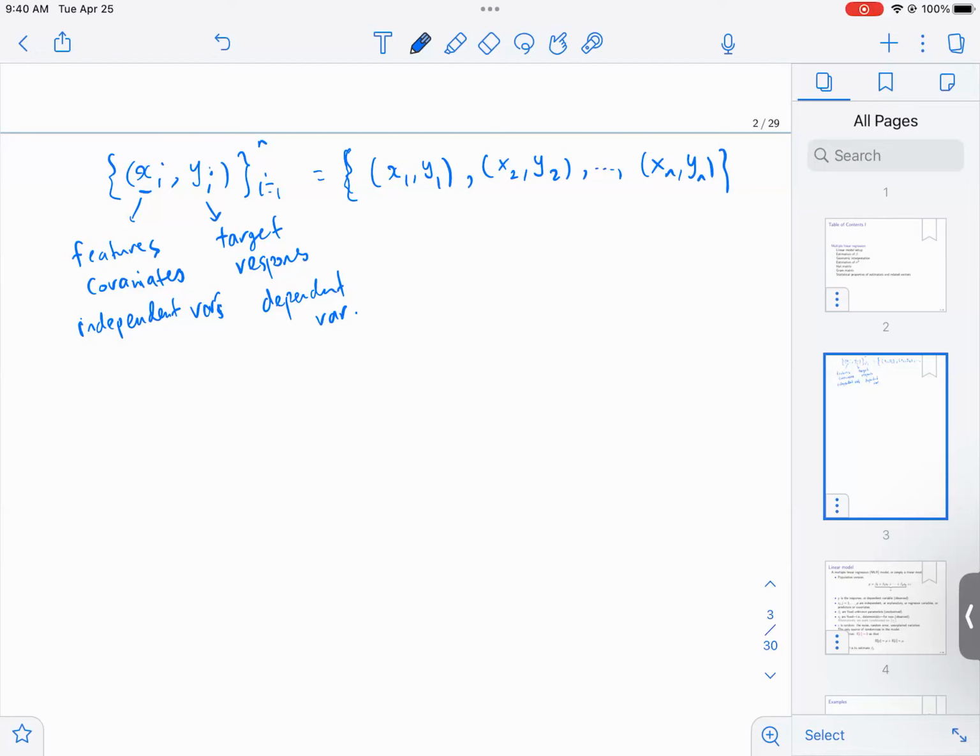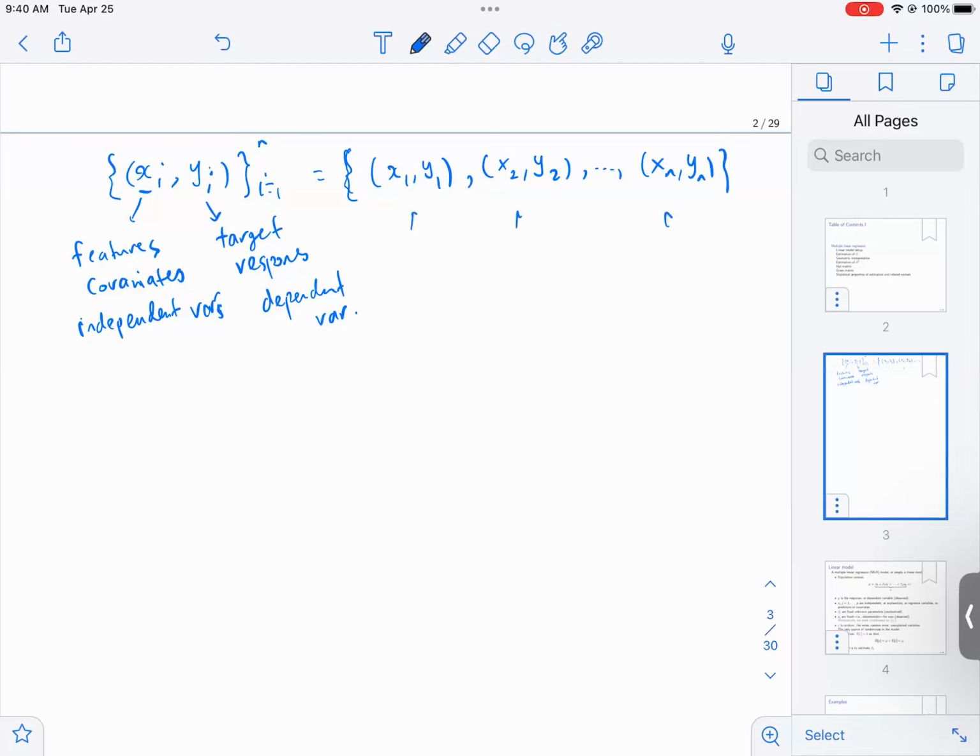For example, yi is someone's income in 10 years, and xi is a bunch of features that you have about them. Their education, their current age, their socioeconomic background, something like that. So you want to predict what their income would be in 10 years based on this information. And these are individual people.